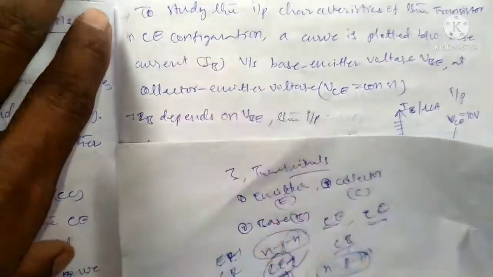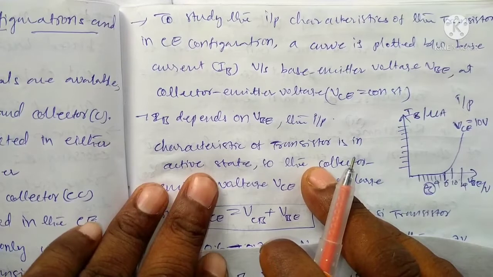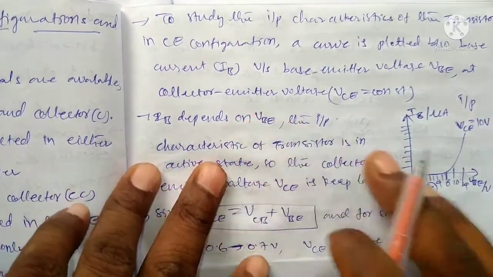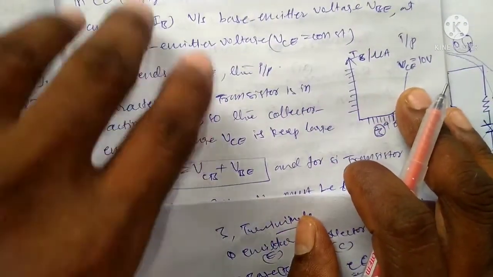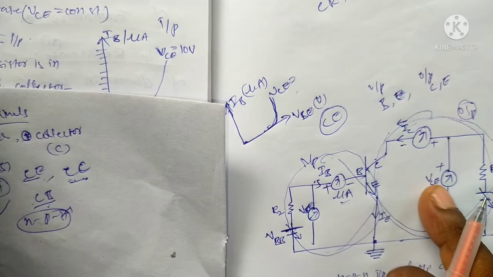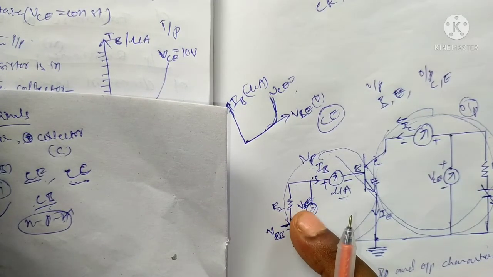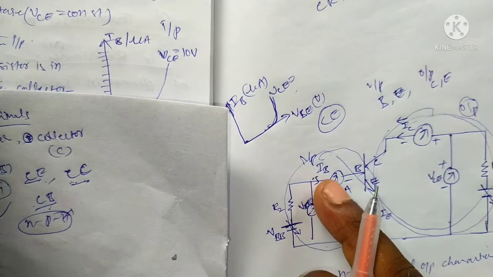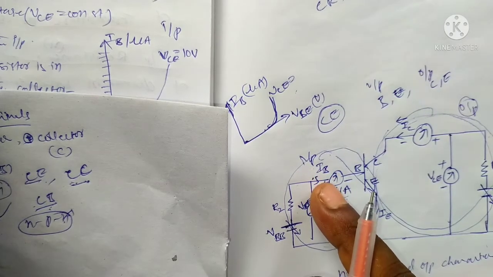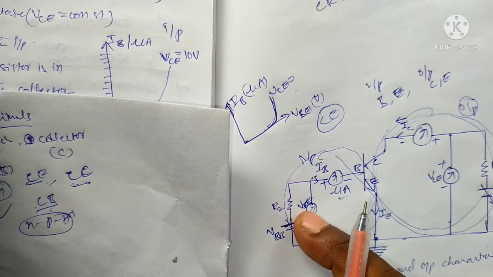To study the input characteristics of the transistor, VCE is kept constant. Here VCE is constant, and as the base-emitter voltage is changed, the variation occurs in the base current. What is the variation in the base current with the applied voltage VBE?